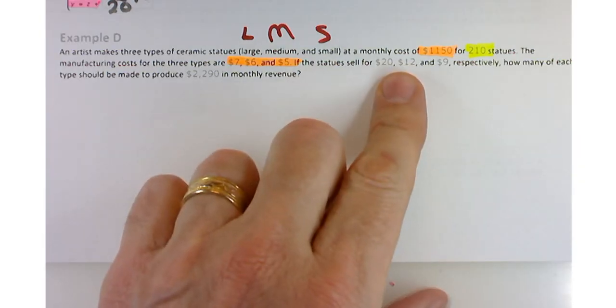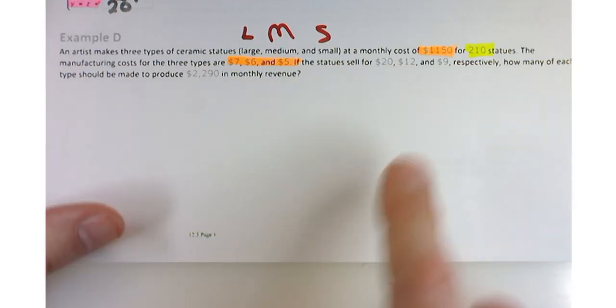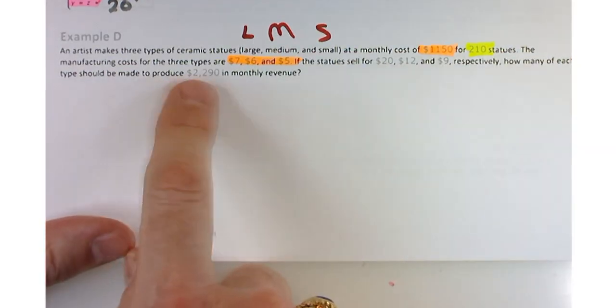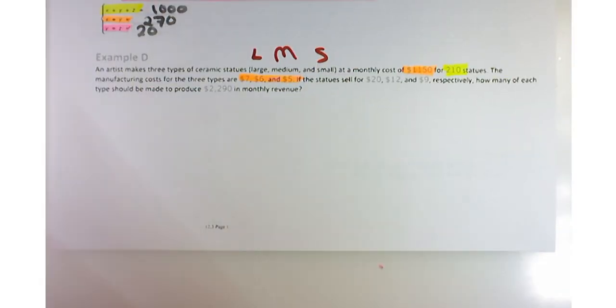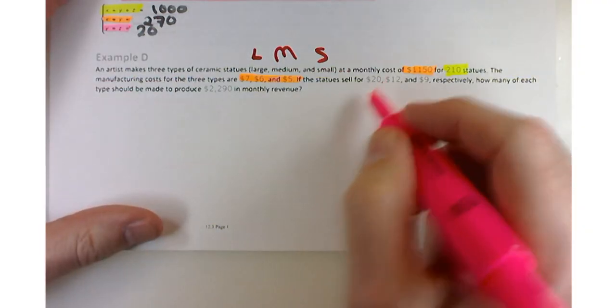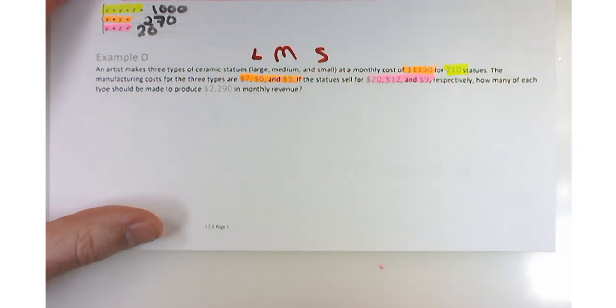If the statues sell for 20, 12, and 9 respectively, how many of each type should be made to produce $2,290 worth? So, all right, that's some more information here. Sell for 20, 12, and 9 respectively.